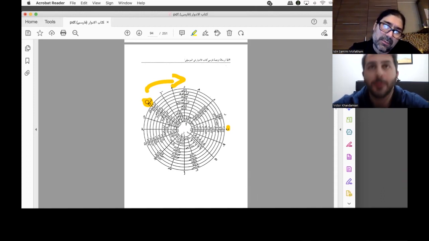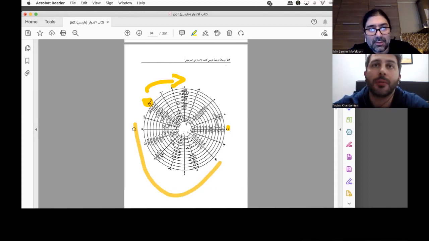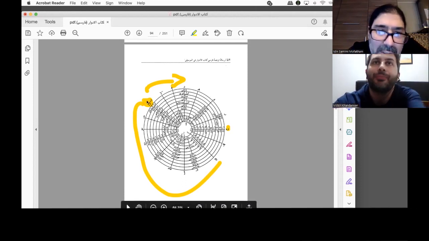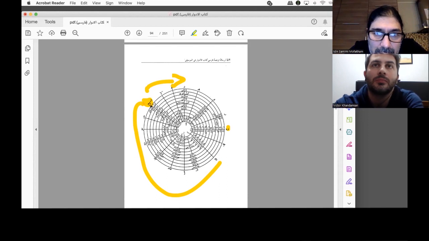You have a perfect fourth here, and another perfect fourth from here to here. So this is the 17 pitches of a scale: 1, 2, 3, 4, 5, 6, 7, 8, and so on. And so he shows that if I want a scale that has A, C, and F, a perfect fourth, I connect this line to this.